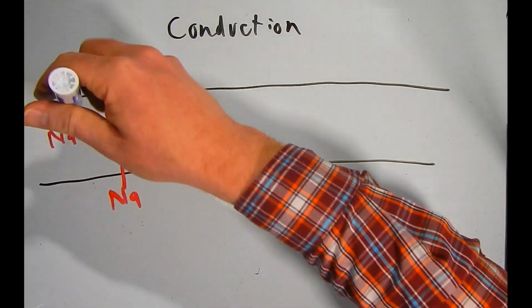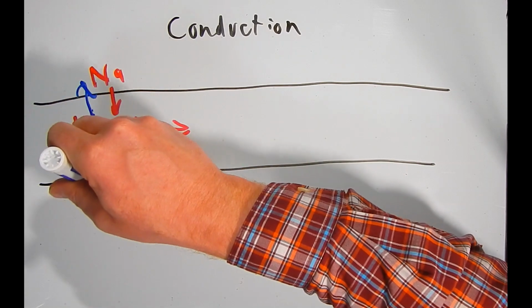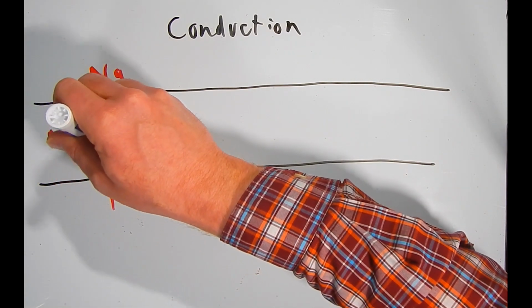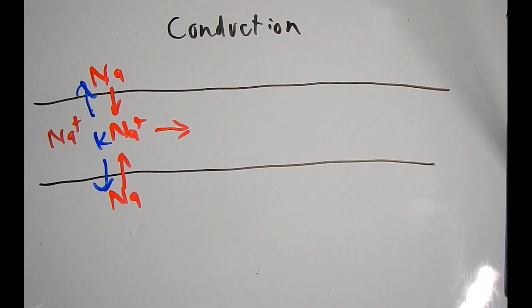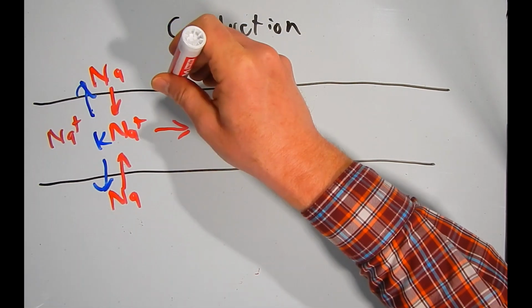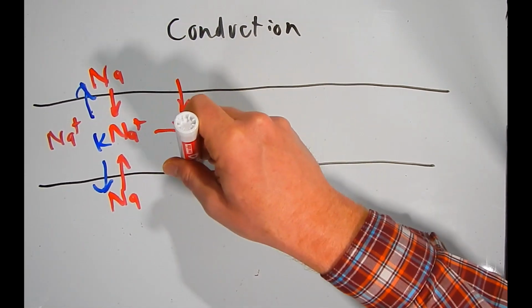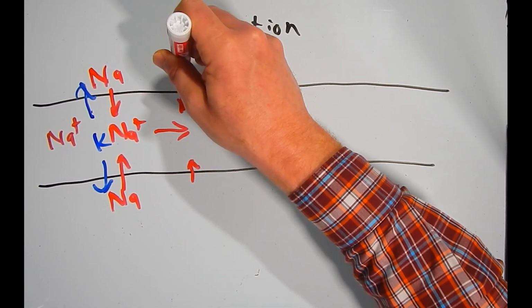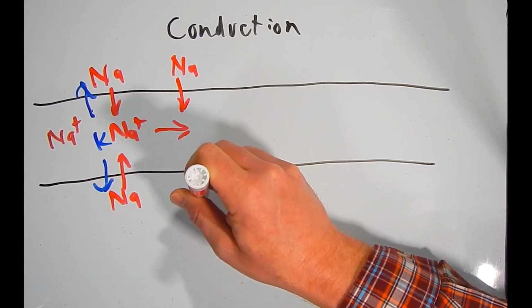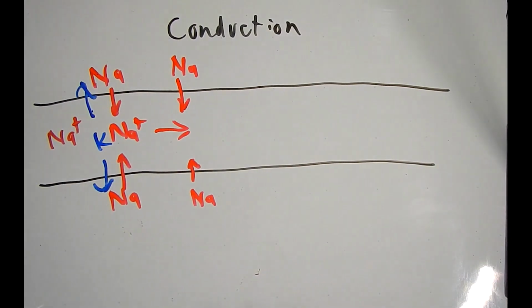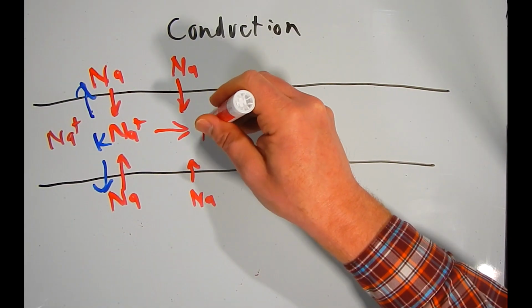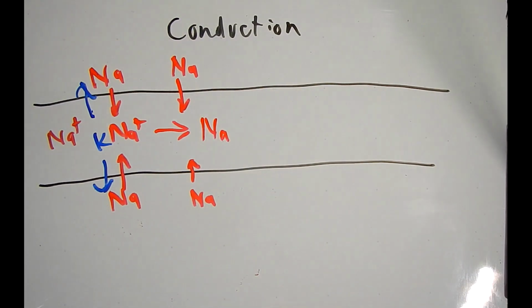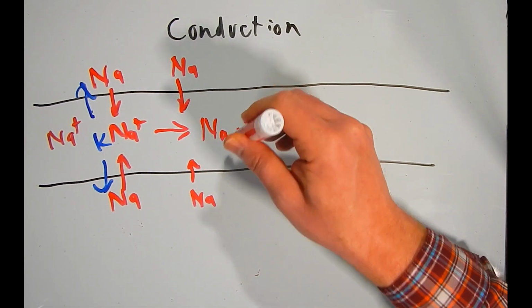Now, at that place, we then have the completion of the action potential. But that sodium that just came in can diffuse slightly down, causing an influx of sodium. Of course, the action potential is going to continue on there, but we still have this high concentration now of sodium that can diffuse down the axon a little bit further.